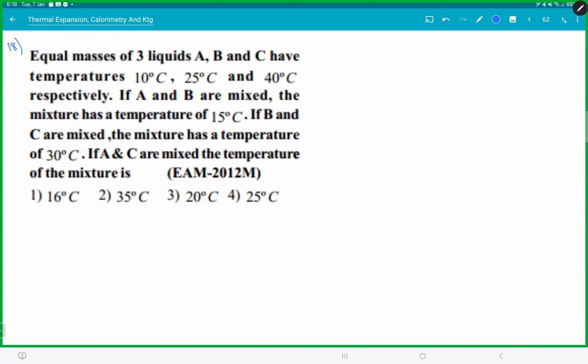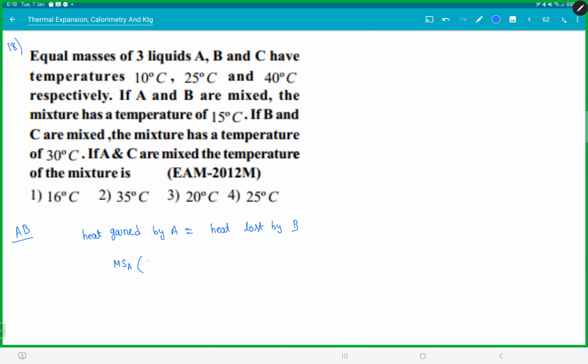Let's see. Now when you take A and B, we can clearly see A's temperature is less, so heat gained by A is heat lost by B. Mass is same, specific heat I don't know.